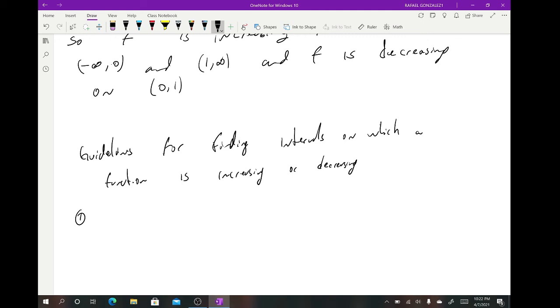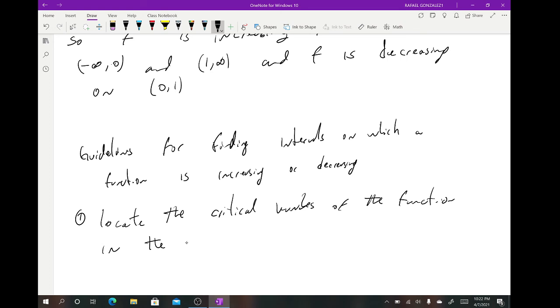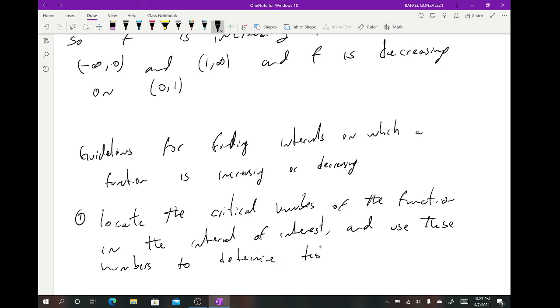Okay, number one, always locate the critical numbers of the function in the interval of interest, and use these numbers to determine test intervals.